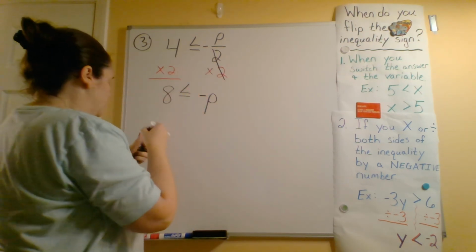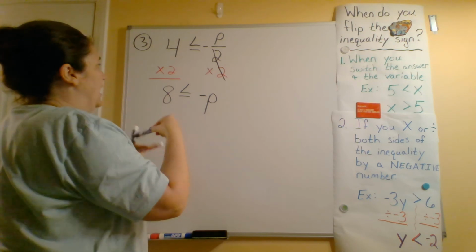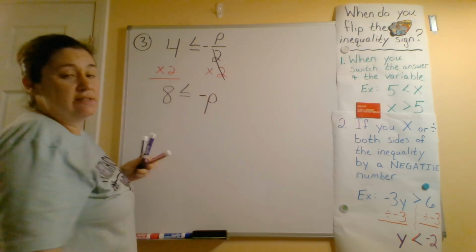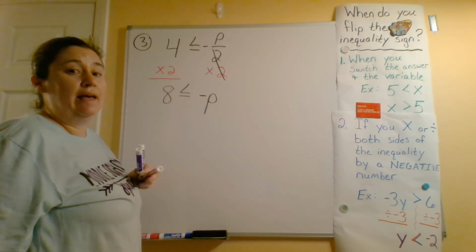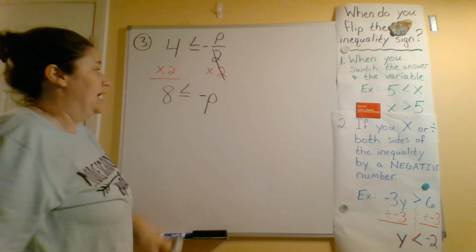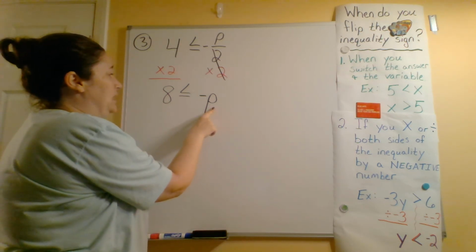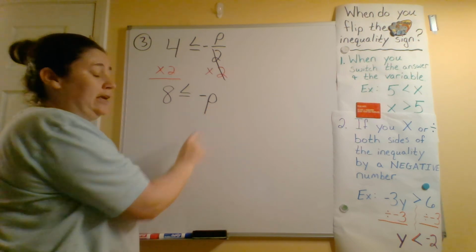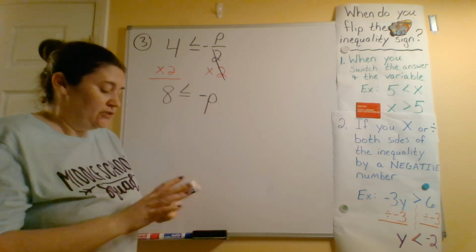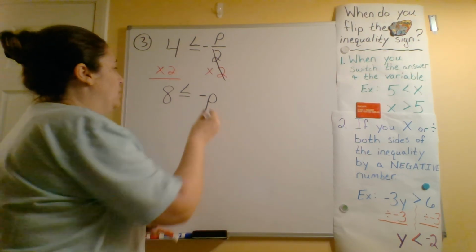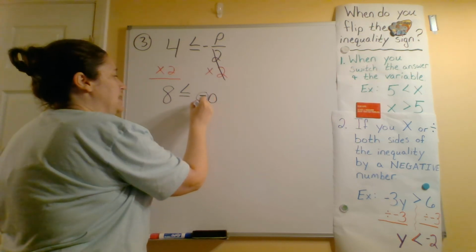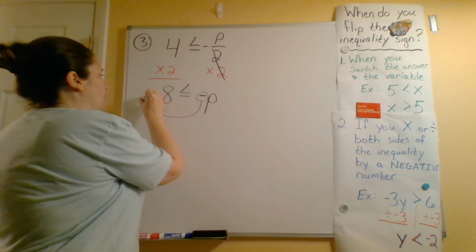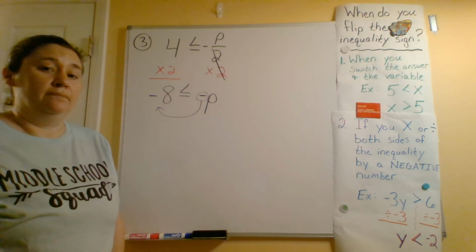We did not divide or multiply by a negative number. We multiplied by a positive number. So we don't switch the sign yet, but we're going to have to now. This says negative P over here. We need P to be all by itself. There was a shortcut that I taught you a while back where I said you can just pick up this negative sign and throw it over to the left-hand side.